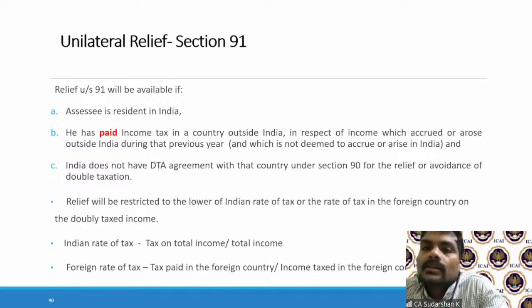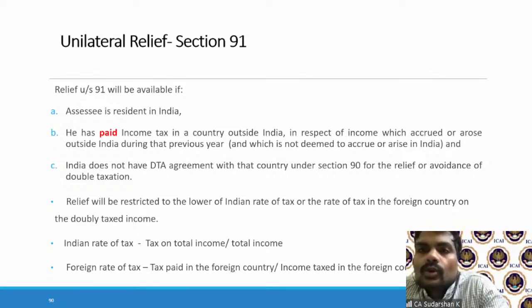Now, under section 91, unilateral relief, India does not have a DTAA with Bahrain. So section 91 is eligible. All three conditions have been satisfied. Now, the moot point is, will I get credit on the entire tax that is paid in Bahrain?